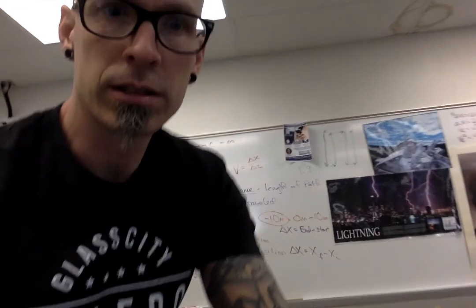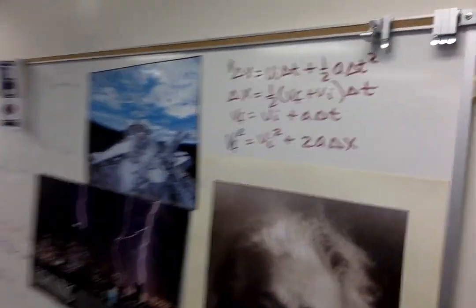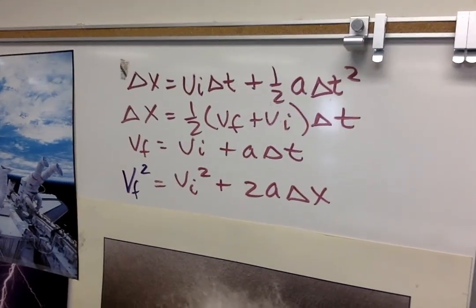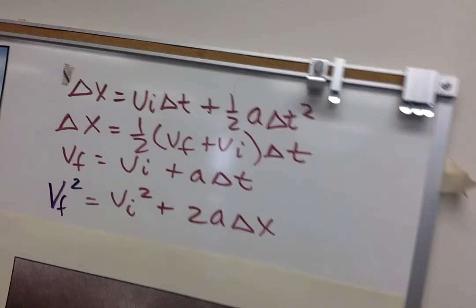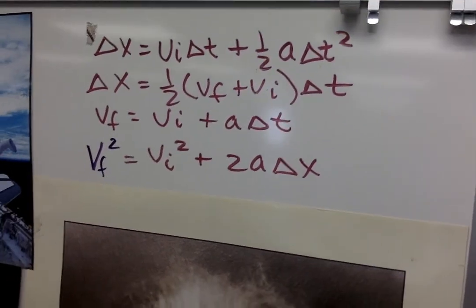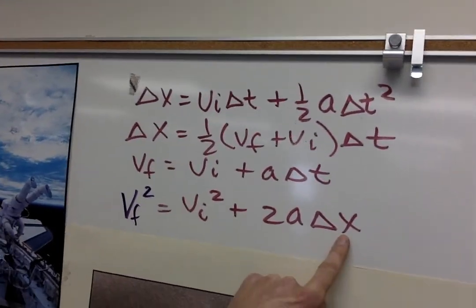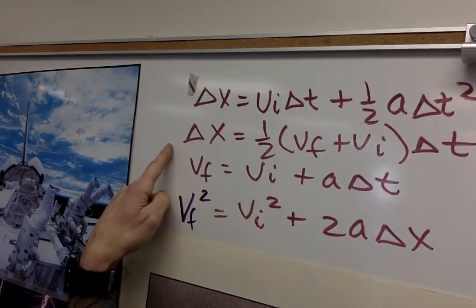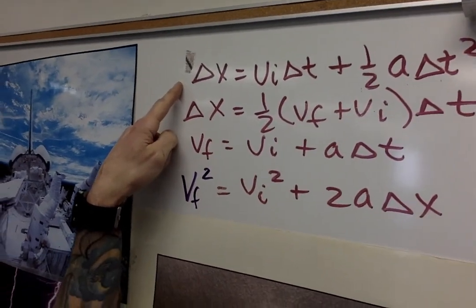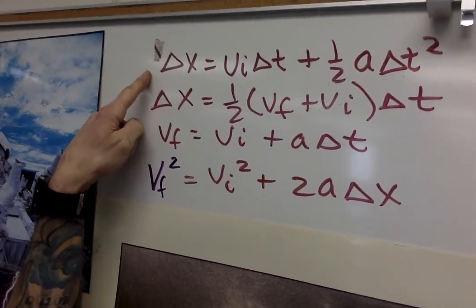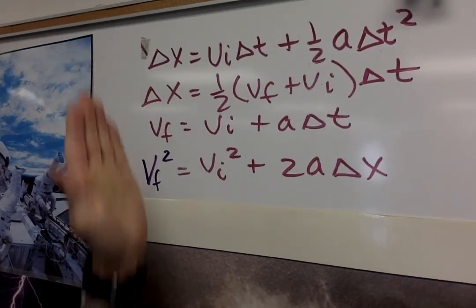So that's what we're dealing with here for the vertical motion. Only now, instead of delta x, maybe it's delta y, because y is up and down.